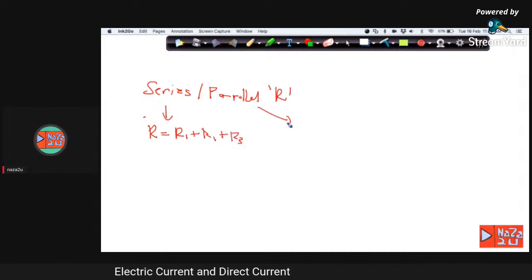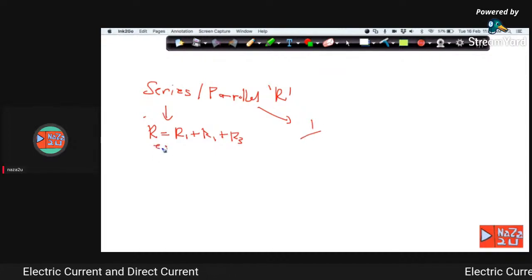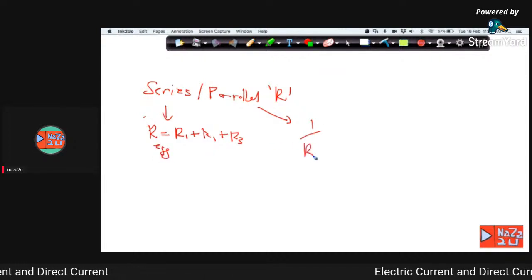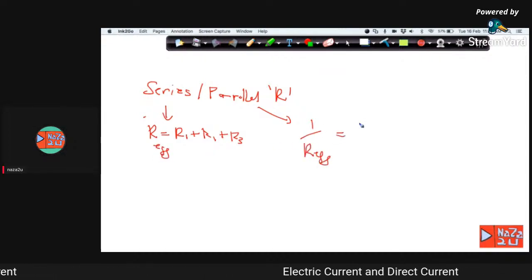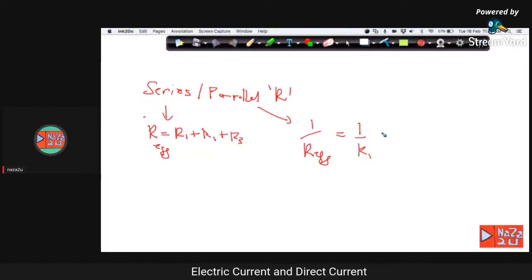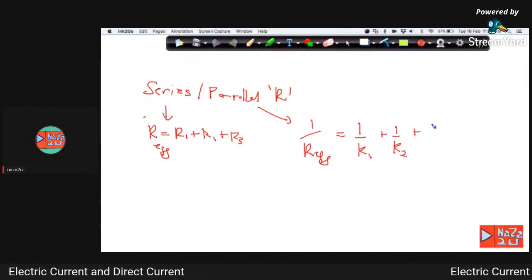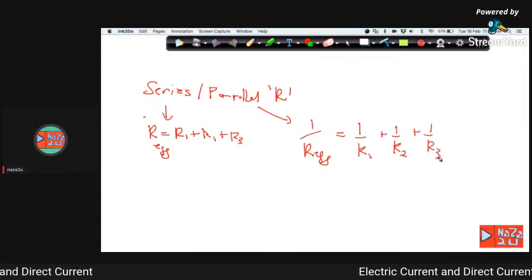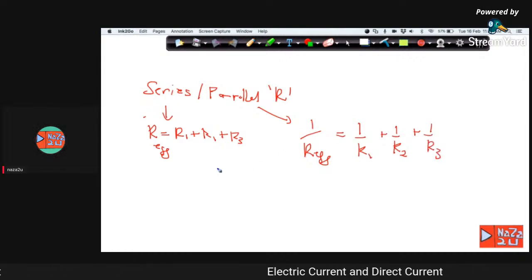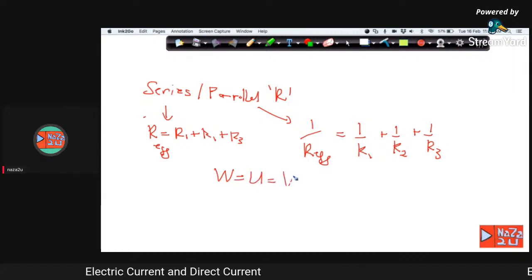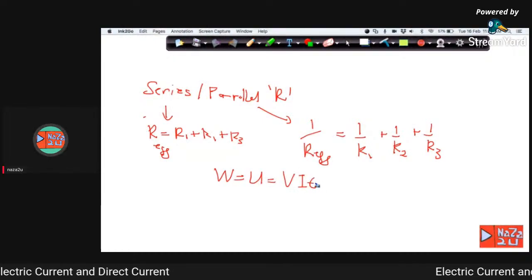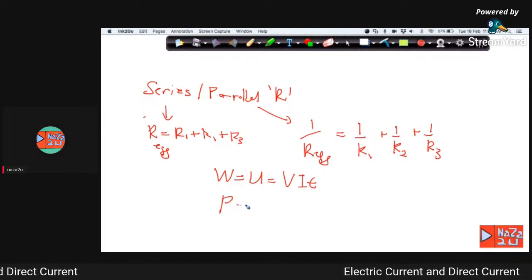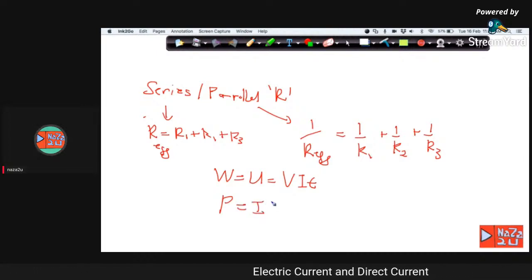And for the parallel circuit, to calculate effective resistance, this is 1 over R1 plus 1 over R2 plus 1 over R3. And we have electric energy U is equal to VIT, and the power is equal to IV.